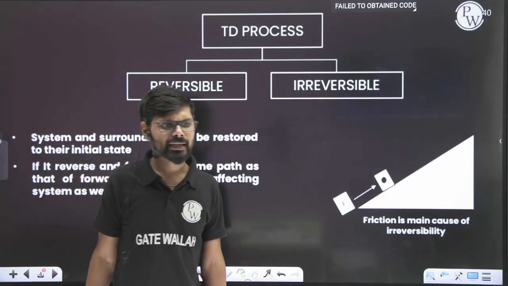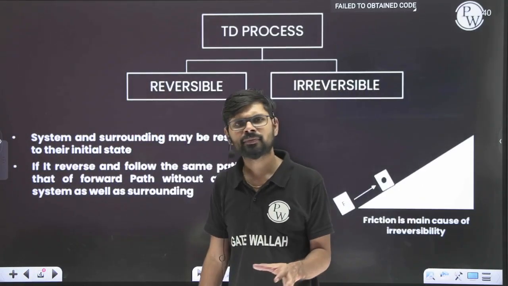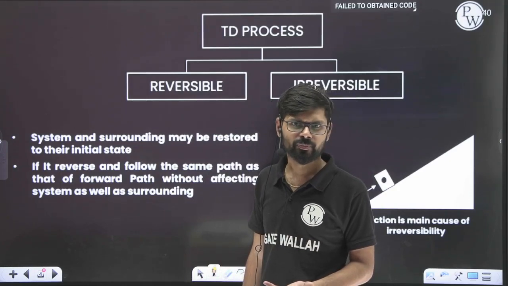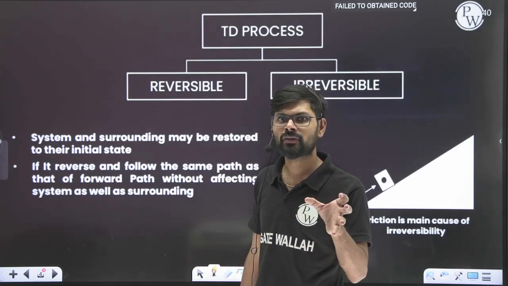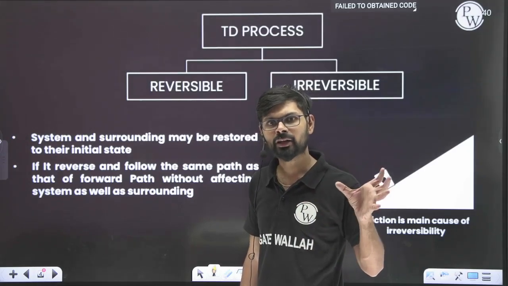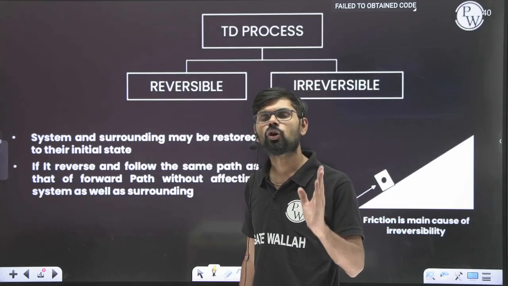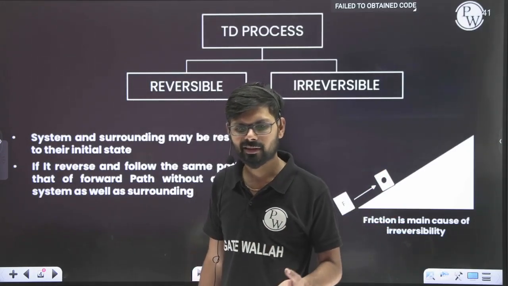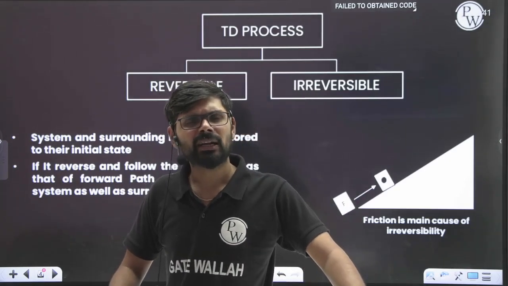But one thing I can tell you, in practice a reversible process cannot be achieved. Why? Because if a reversible process were achieved, it would violate the very fundamental law that time is always unidirectional. Even nowadays some theories on the internet say that time is multi-directional.